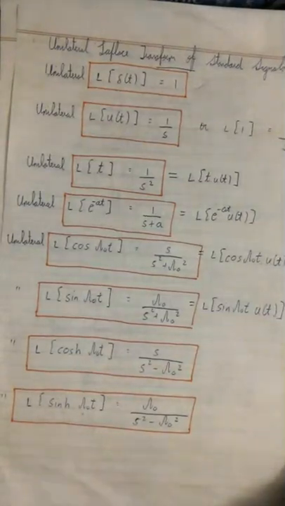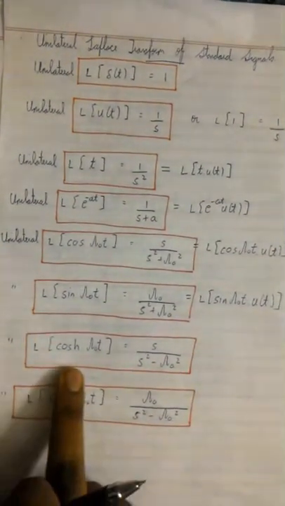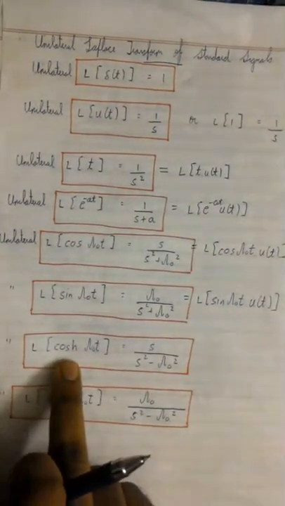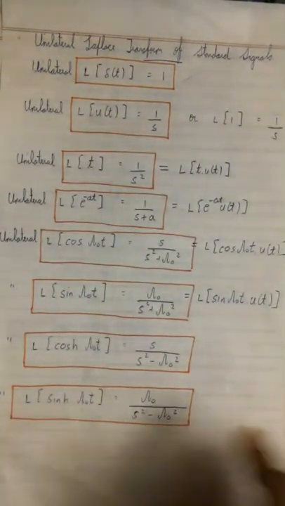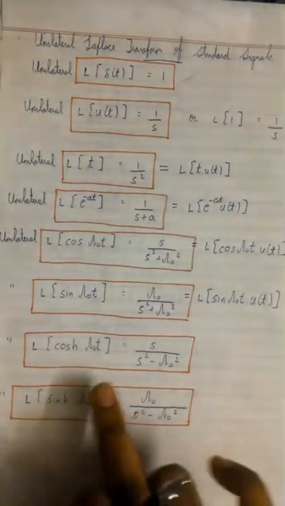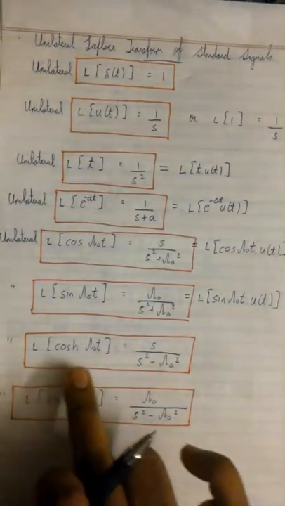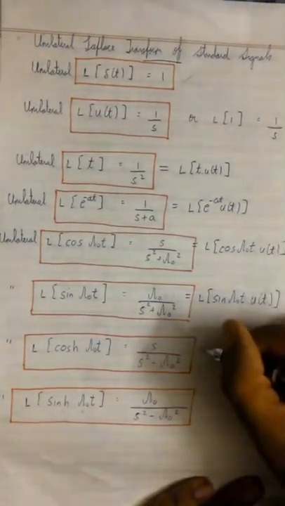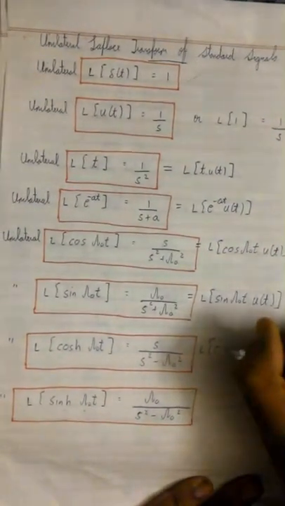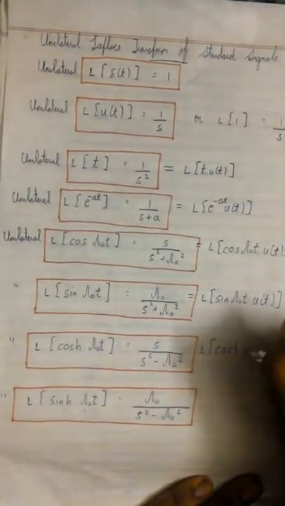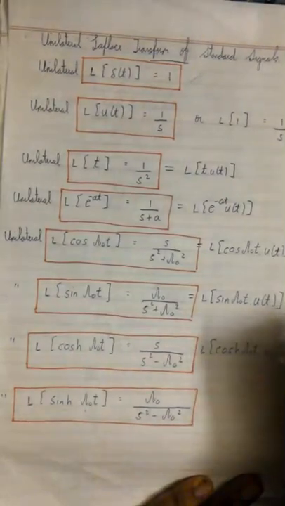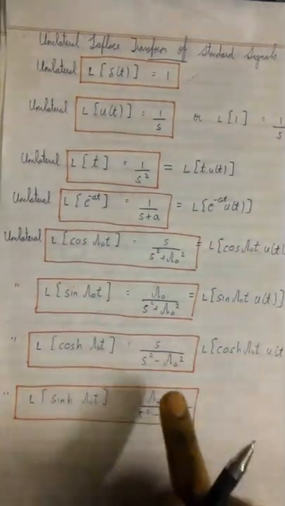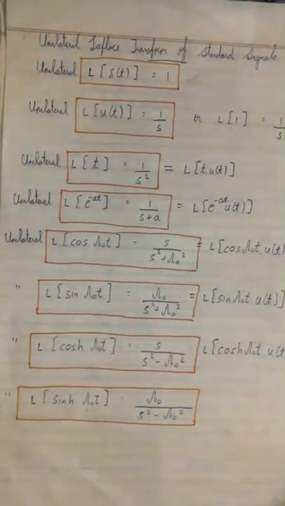Likewise, this is the hyperbolic cosine function, cos h ohm 0 t. The Laplace of cos h ohm 0 t is equal to s by s square minus ohm 0 square, or in other words, the Laplace transform of cos h ohm 0 t into u of t is equal to s by s square minus ohm 0 square.